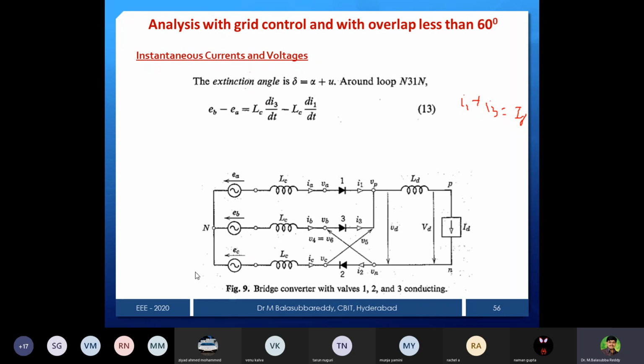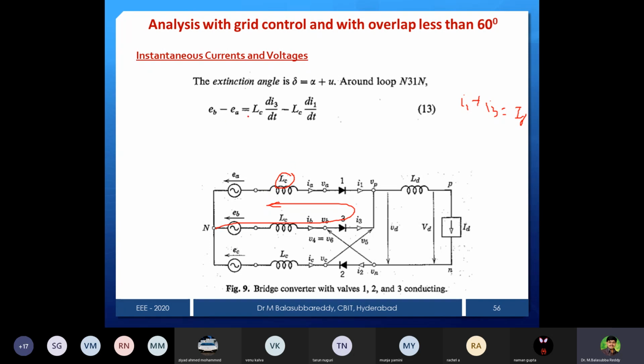And now if you apply the loop in this, what is the loop? We start with n, then 3, it will go like this. In this loop, what is the voltage? EB minus EA is equal to the inductor or source reactance drop based on the transformer leakage current.